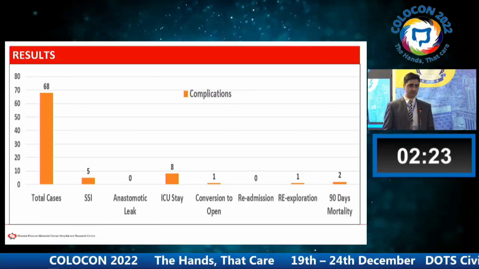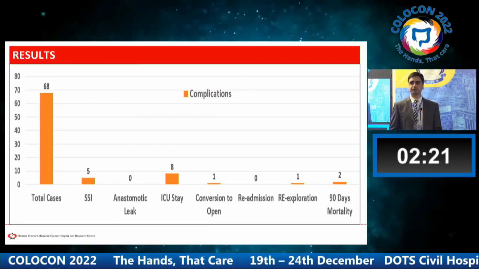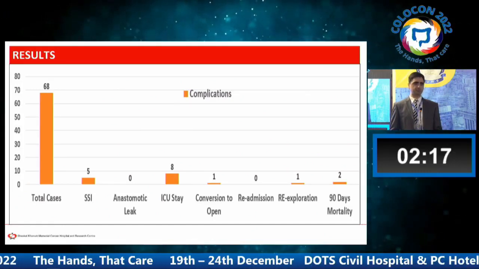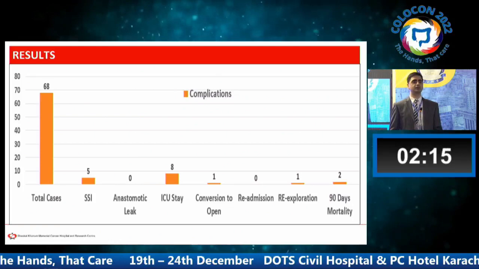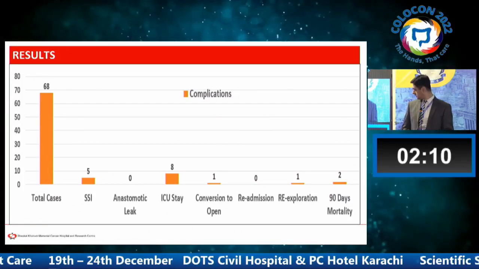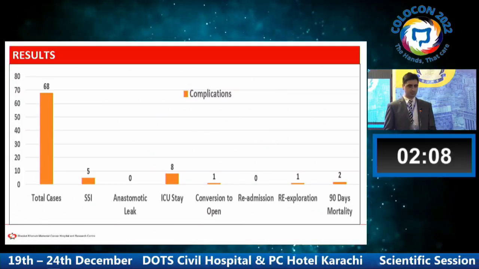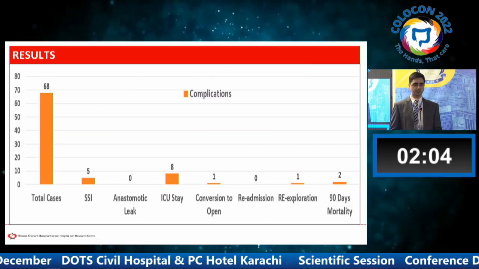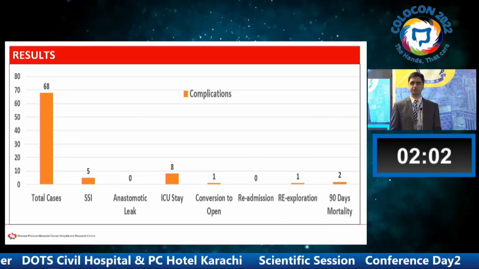1 patient we had to re-explore during the same admission, and that patient had panproctocolectomy. On the first postoperative day, the patient developed a pelvic hematoma, and we had to explore for a pelvic washout. About the mortality, if I go into the details, 1 patient had aspiration followed by respiratory failure, and the patient died after 3 weeks.